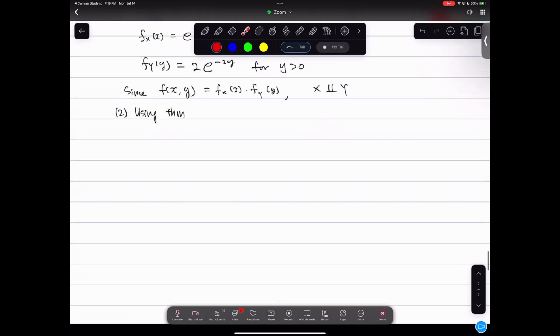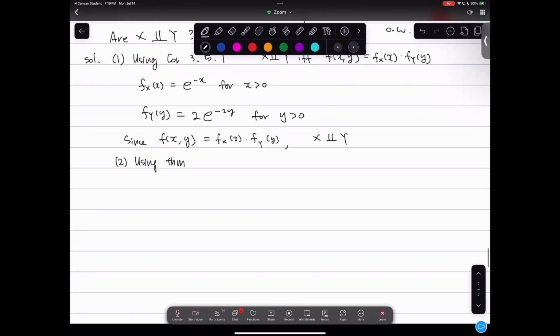So in this case, using that theorem, can I write my joint PDF of x and y, which is 2 times e to the power of negative x and e to the power of negative 2y, as a function of x alone and a function of y alone? I can. I can call this my function of x, and I can call this my function of y alone.